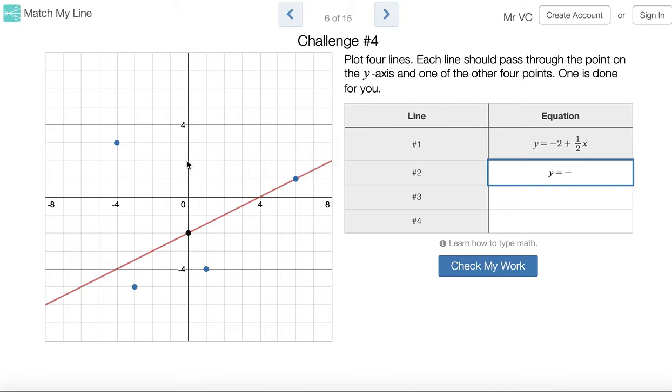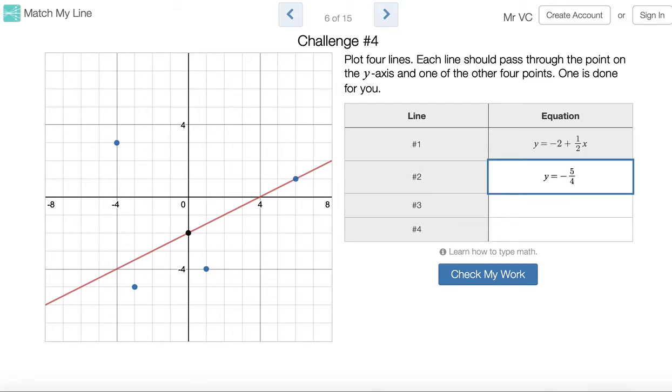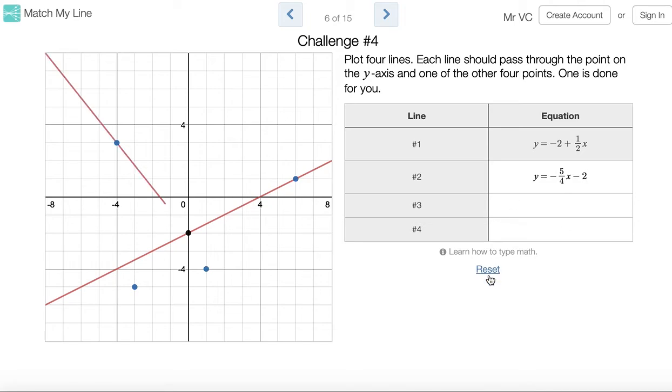Down 1, 2, 3, 4, 5 over 1, 2, 3, 4. So it's -5/4 x, and what's my y-intercept? Yeah, it's -2. Let's see if that works.